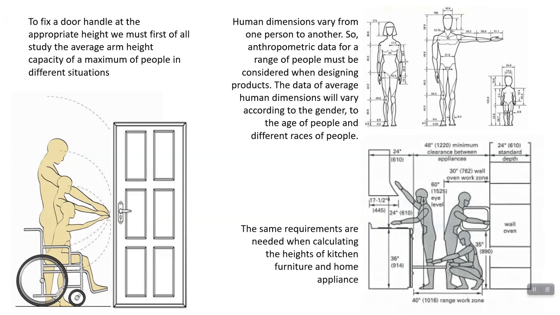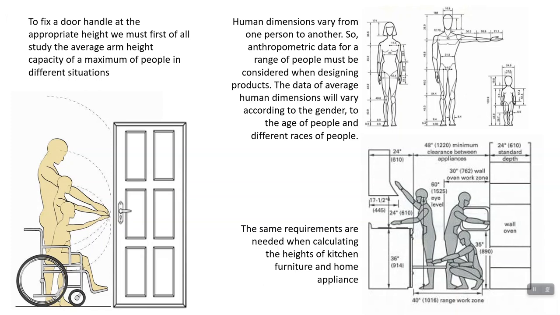Same in a kitchen, for example, to calculate the height of the kitchen counter, the kitchen stove, the extractor, where to put the microwave and the oven. All these are determined depending on the capacity of the people to move in the kitchen.